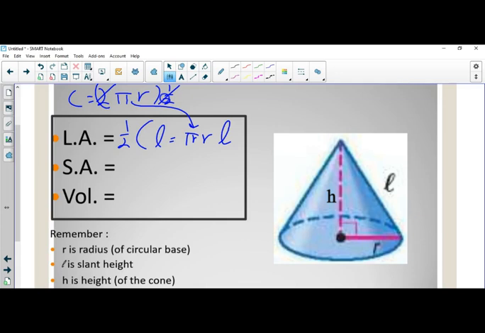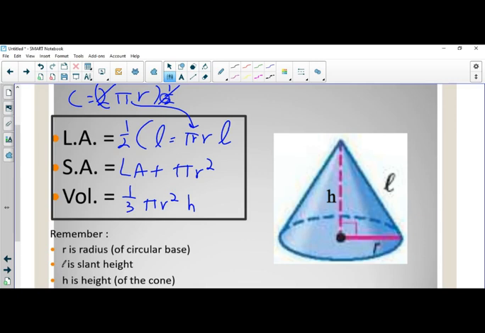So our surface area is going to be the lateral area plus pi r squared. Remember, we refer to that as the area of the base, area of the circle. And volume is a little bit different. It's 1/3 pi r squared h.